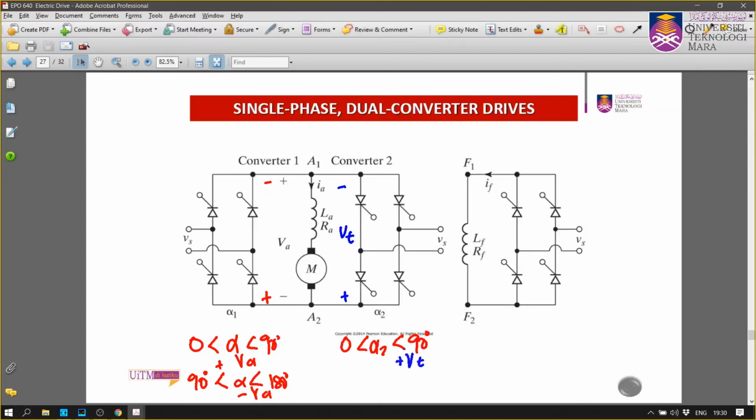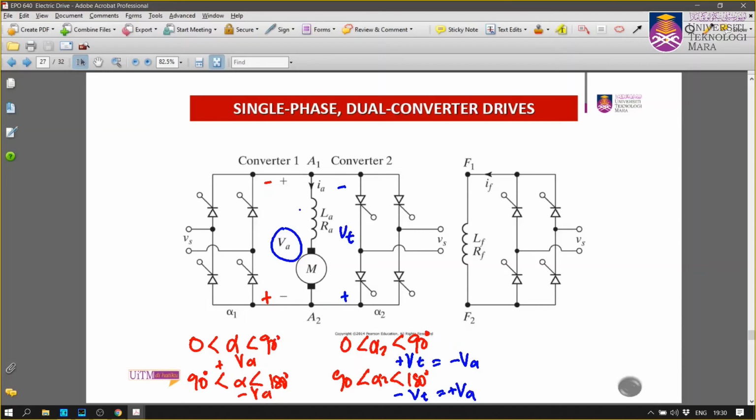But if you refer to VA, this should be negative VA. And if you operate alpha 2 from 90 degrees to 180 degrees, in terms of VT you are actually operating with a minus VT. We change polarity, and this equals a plus VA operation.